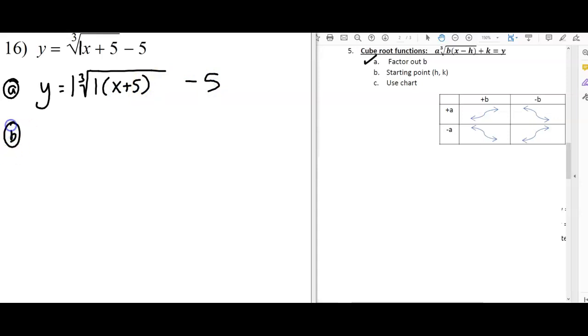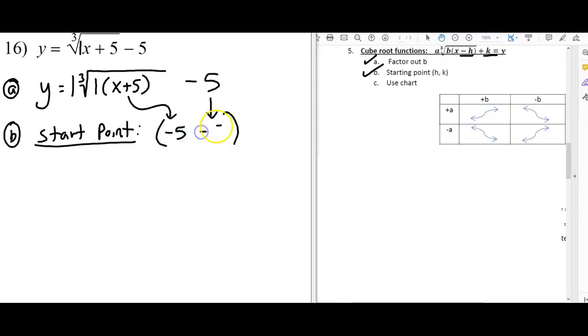So my starting point then is the next step. And once again, that's the h and the k, where you do the opposite sign of the h. So my h is -5, my k is -5, and then we're ready to go ahead and graph.